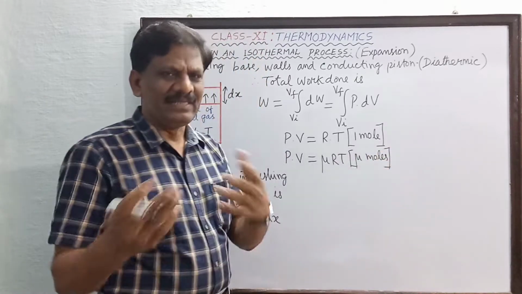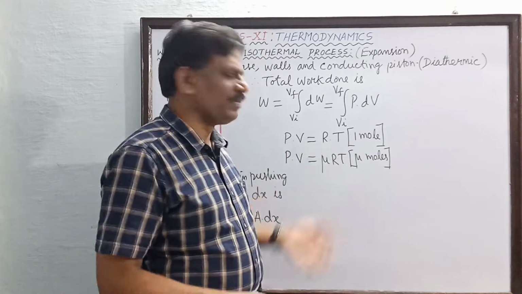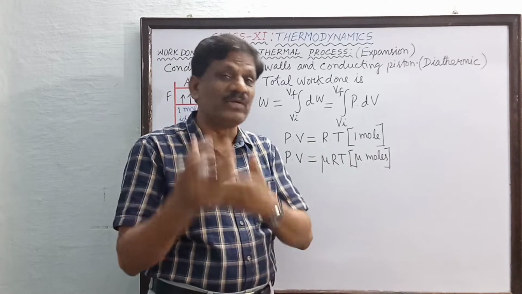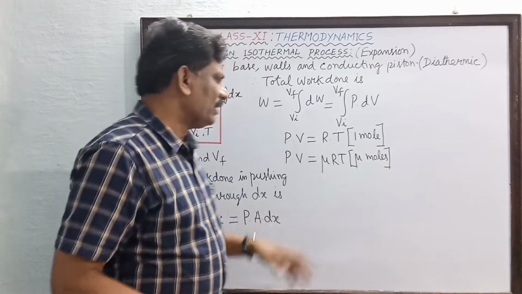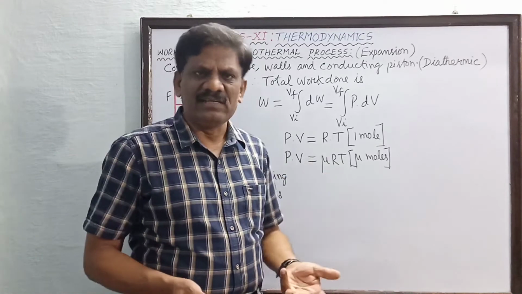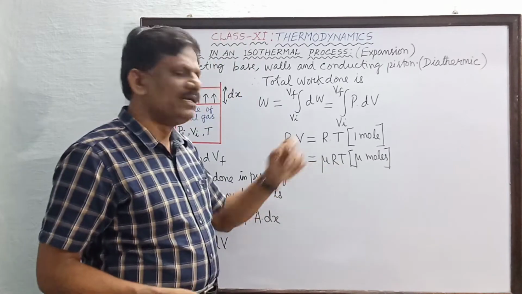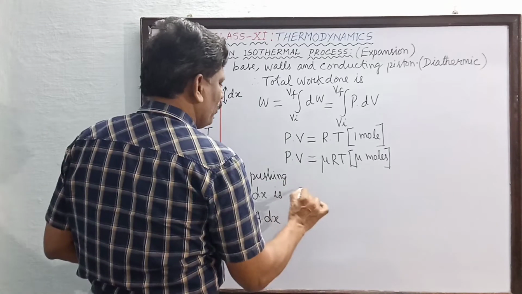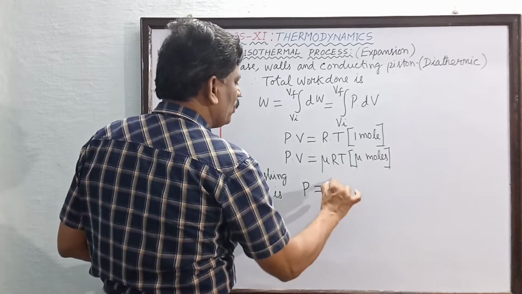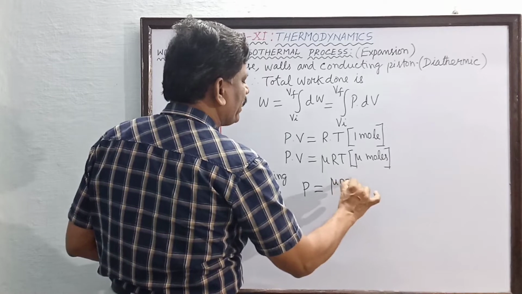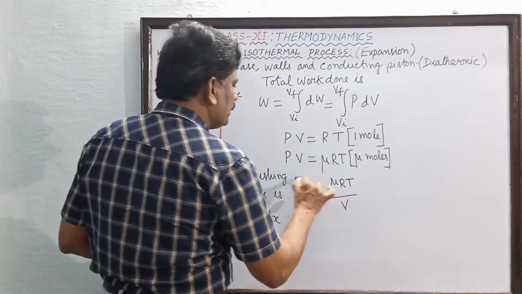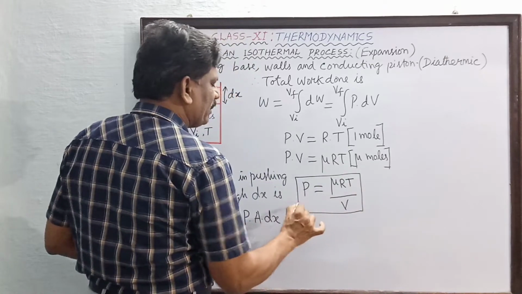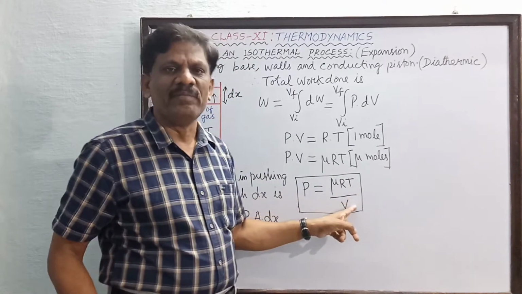In different textbooks, they use different expressions. One is for 1 mole, the other book is for mu moles. But learn the concept correctly. Understand? So let us take mu moles now. PV = mu RT. Therefore, P = mu RT divided by V. So this is expressing pressure in terms of volume, because both are variables.